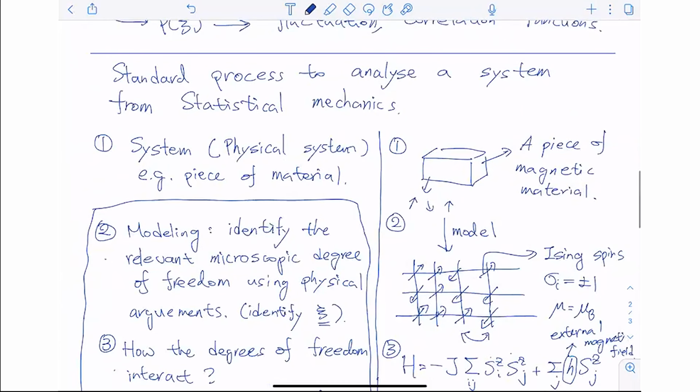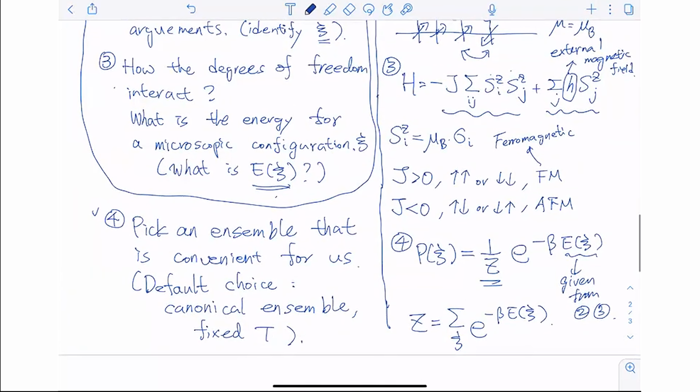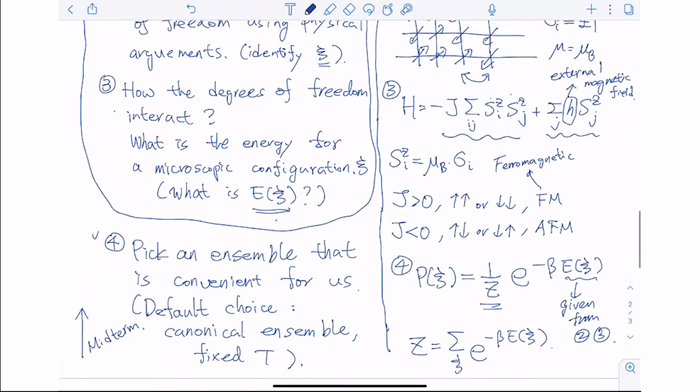So how to justify the ensemble theory is basically what we have discussed during the midterm. So to some extent, we are discussing the origin of these ensemble descriptions.